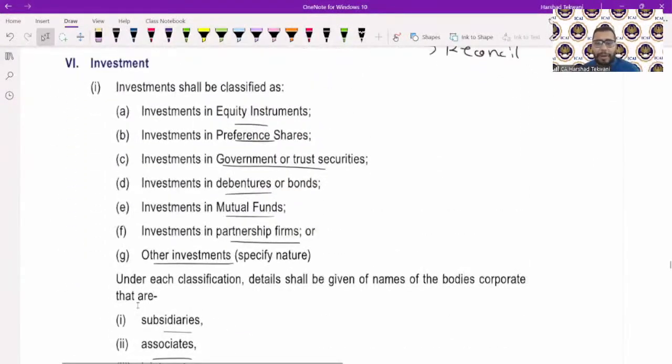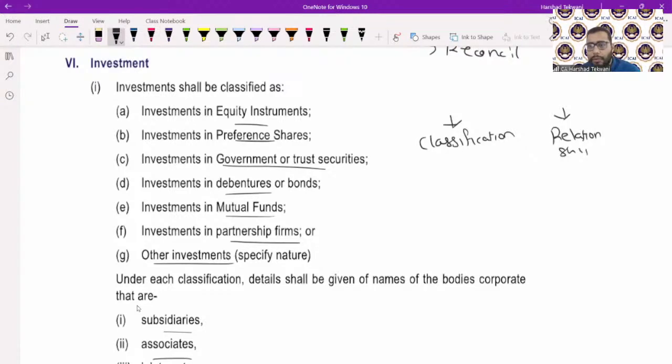Investment, so for investment you need to show first classification, then you need to show relationship, and then you need to show quoted or not. So three bifurcations for investments.